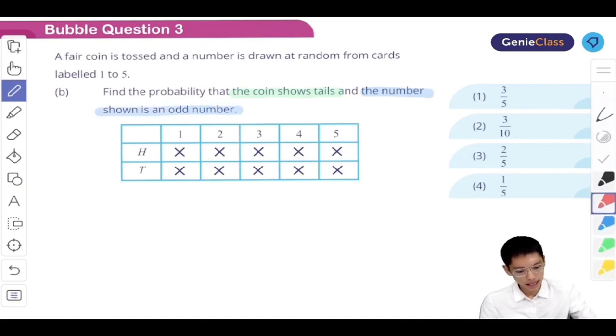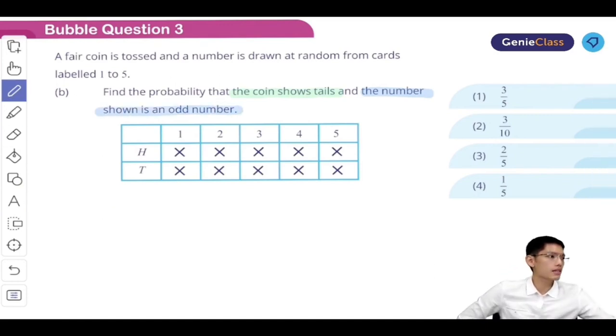All right, very good, but take note: tails and odd number. Some of you are falling into the trap. I want tails and odd number. What should I have, guys?